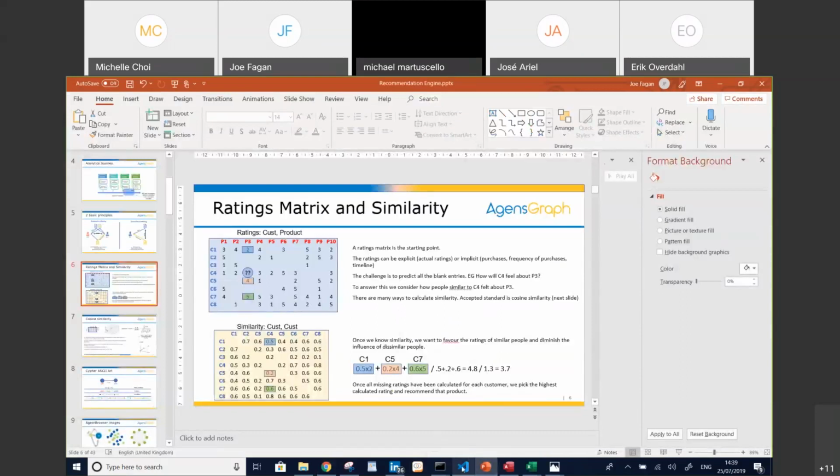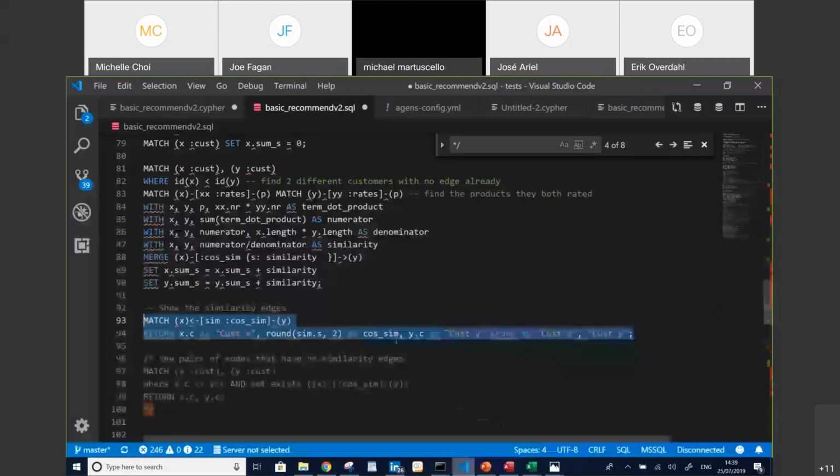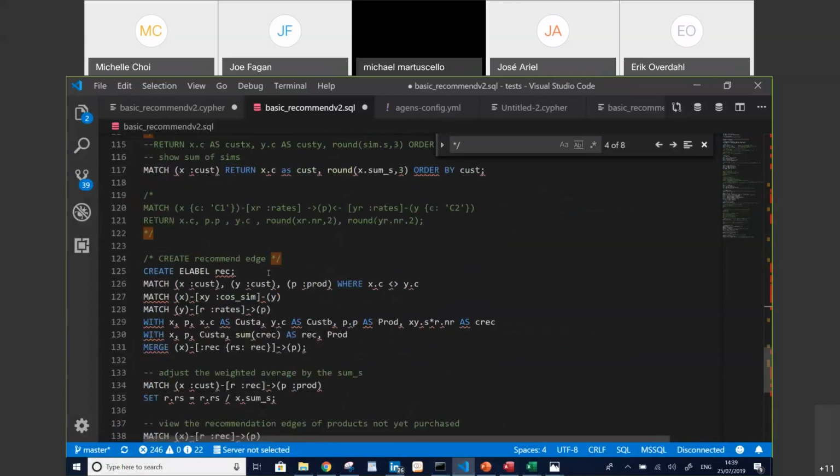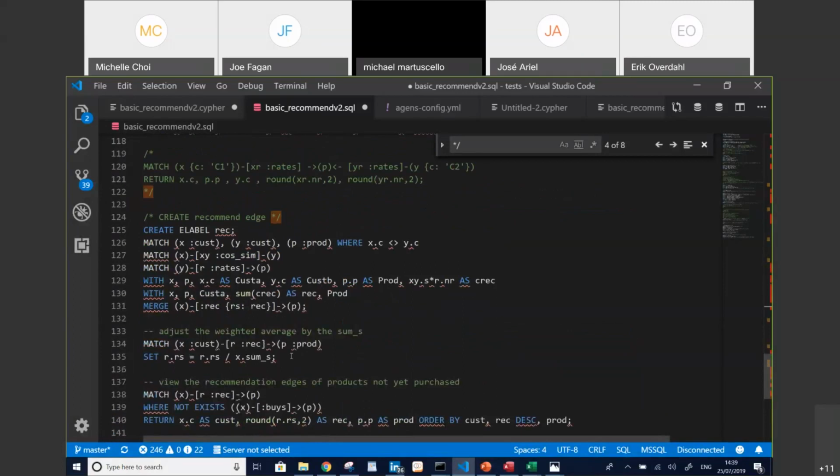Fine, so let's jump back to the next piece of our Cypher. The next thing I want to do is create the recommendation edge, which is just doing that arithmetic of multiplying how similar a customer is by how he rated the product, and then doing some normalization just to get the things in the 0 to 5 range, or 0 to 1 range in this case.